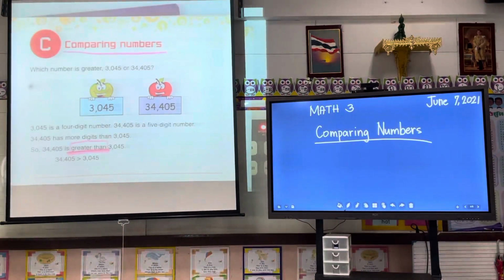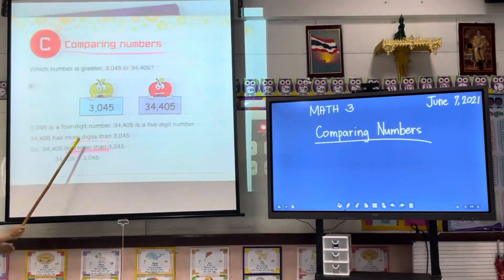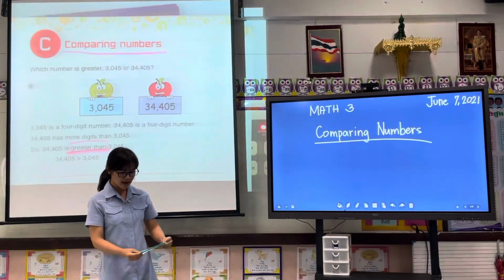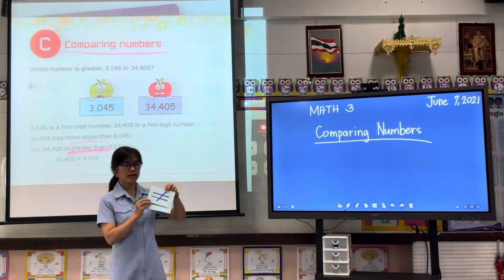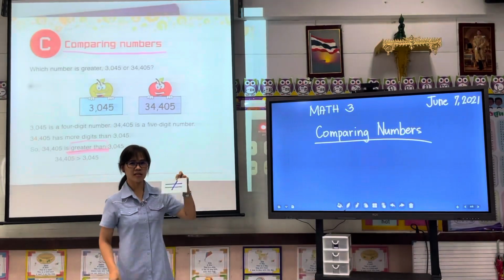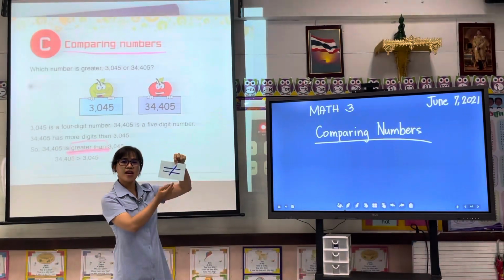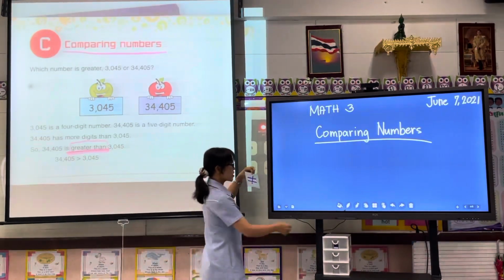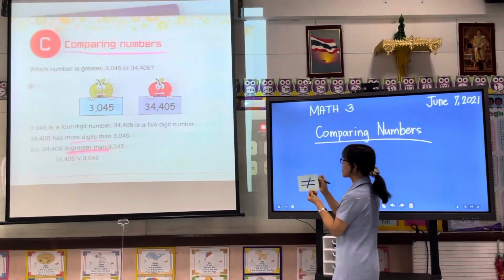Alright. Now, here, comparing numbers. First, I'm going to show you this sign, maybe it's a review, right? Because we already did this when you were in Pratum 2. So this sign, what does it mean again? What comparison sign is this? So be careful when you write this.